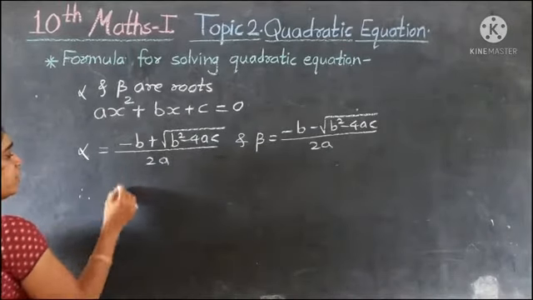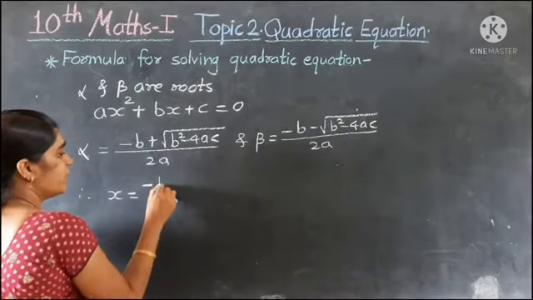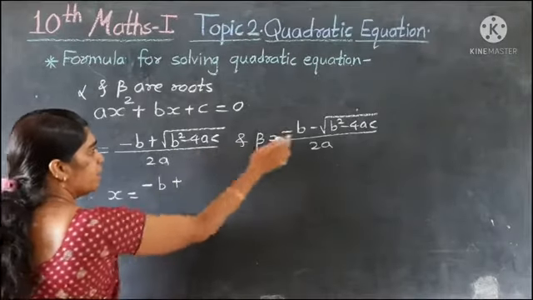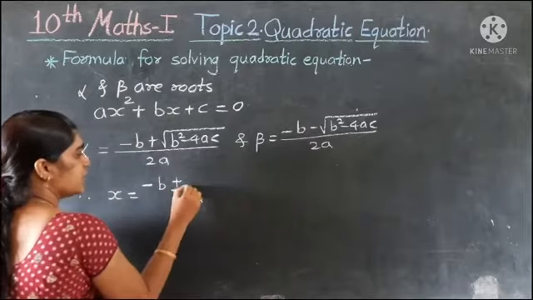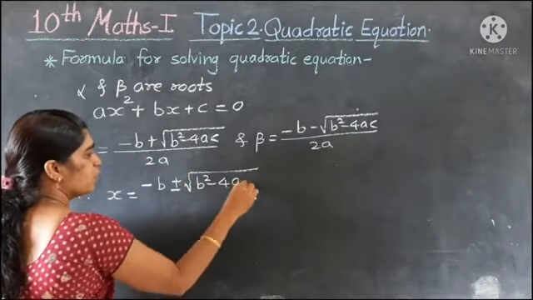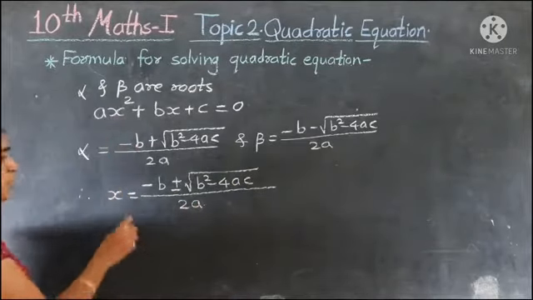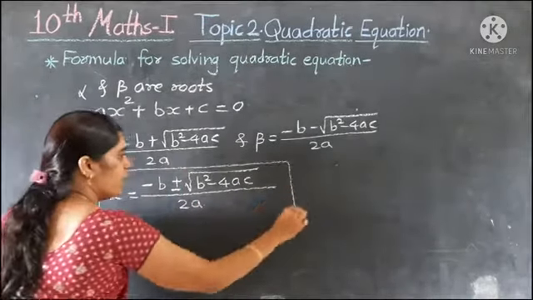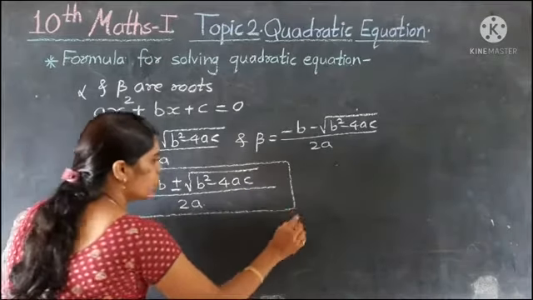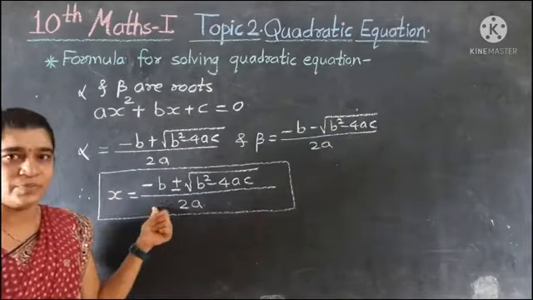So we write its roots as x is equal to, combining this we get minus b, and here plus or minus root b square minus 4ac upon 2a. So we get this formula for finding roots of quadratic equation by formula method.